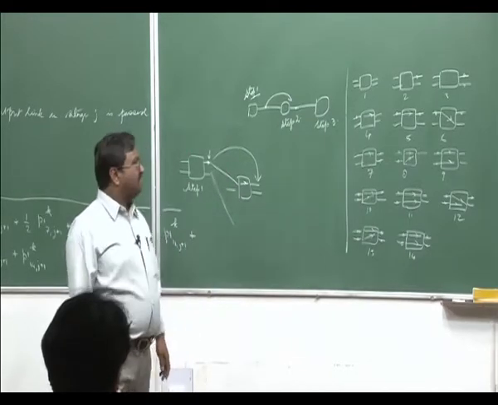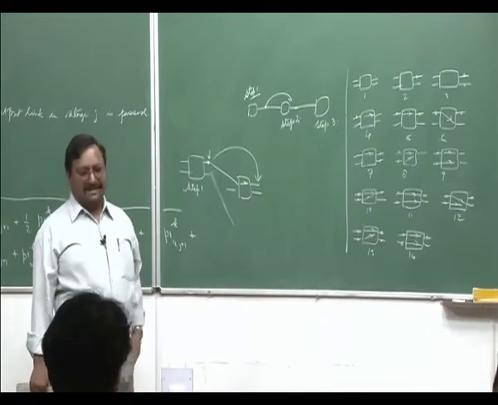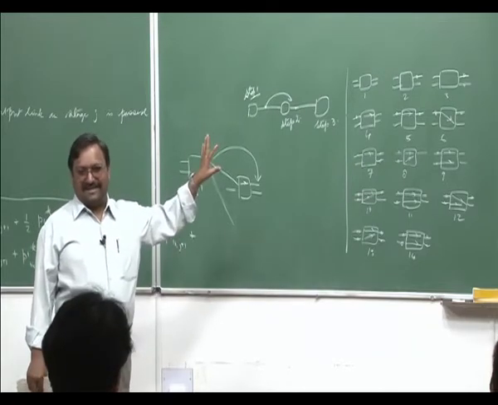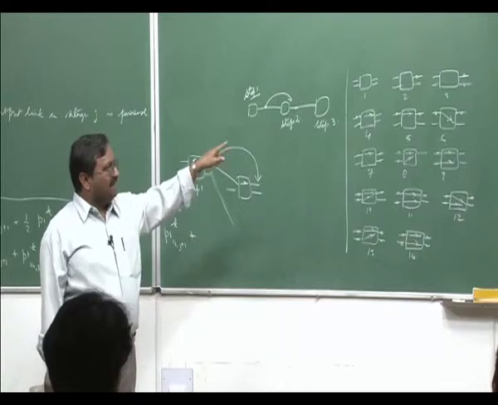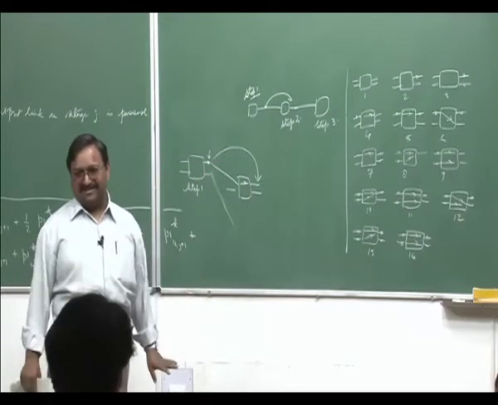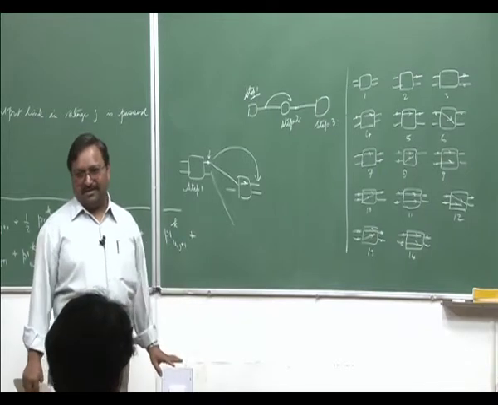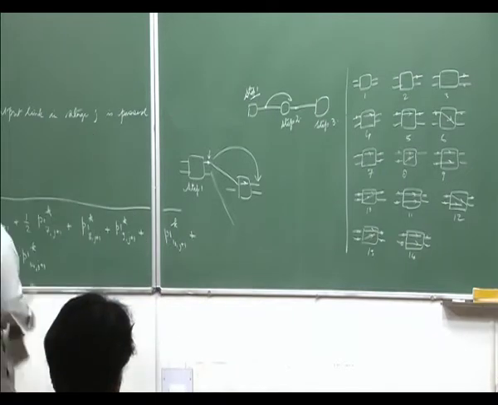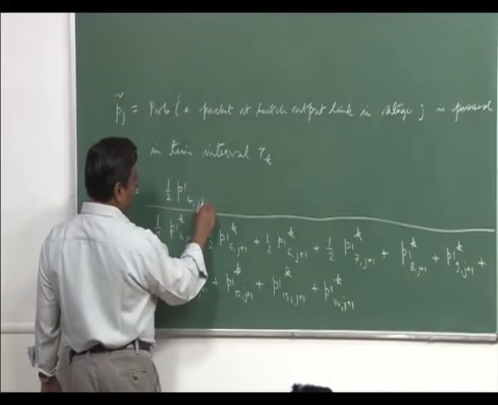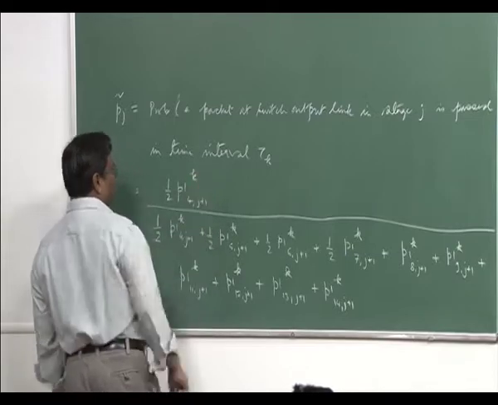All equivalent states are being represented. See, no one state can be mapped onto another state by any kind of rotation, flip or whatever it is. That has been ensured. So, you will have half of P after 1, 4, j plus 1, k.